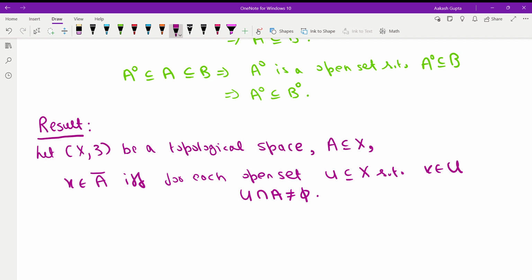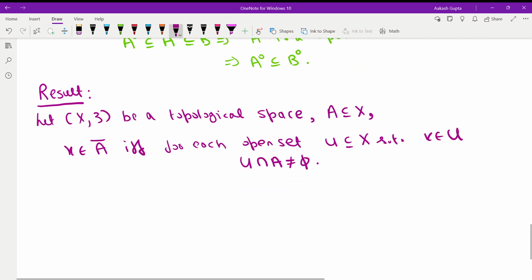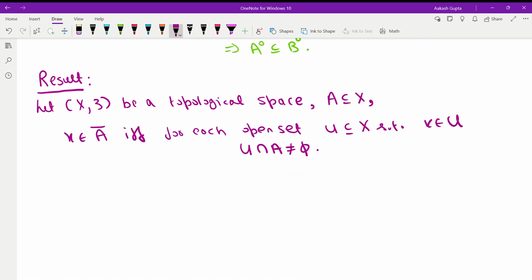This is something very, very important. It tells you how to check if an element is in the closure.